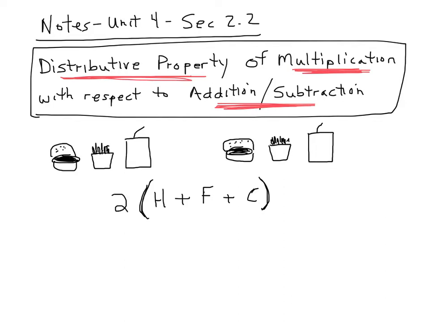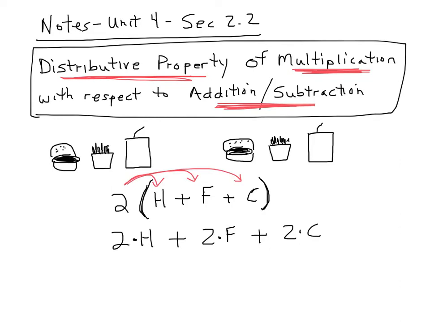So we're going to multiply by 2. So we're doubling the whole order, which means that we're going to take 2 times the hamburger, and 2 times the fries, and 2 times the Coke.